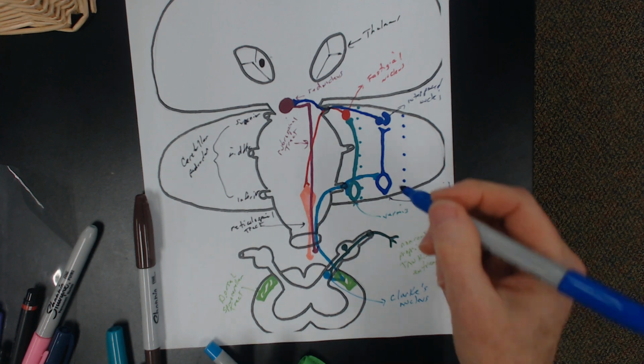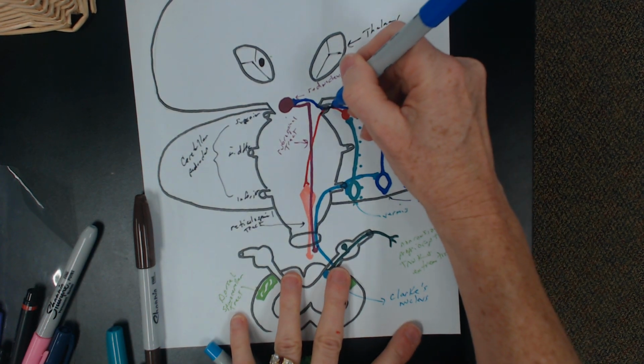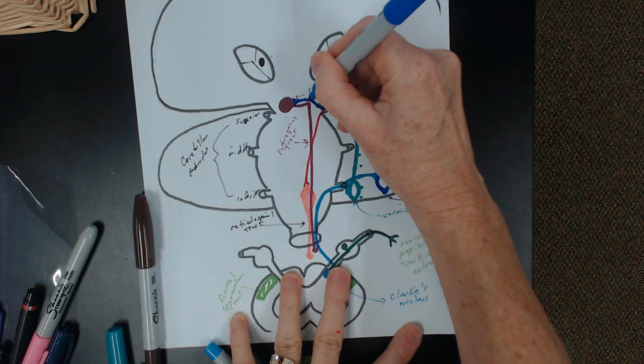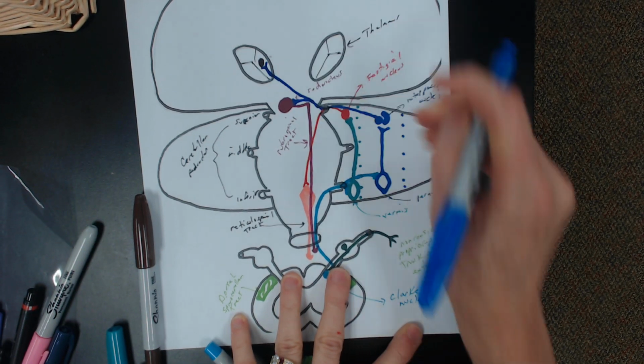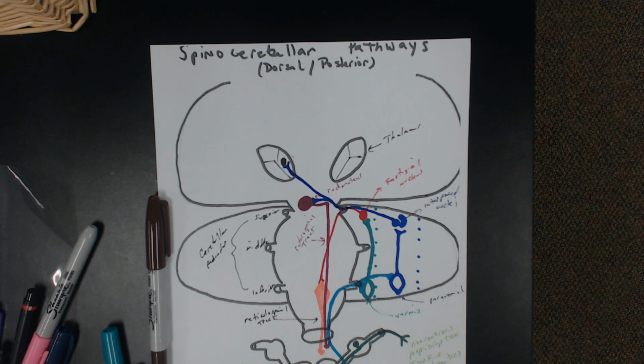Another is going to come out through the superior cerebellar peduncle and synapse with a nucleus in the thalamus. You don't have to know which nucleus, just a nucleus in the thalamus. It's relaying information back up to the cortex.